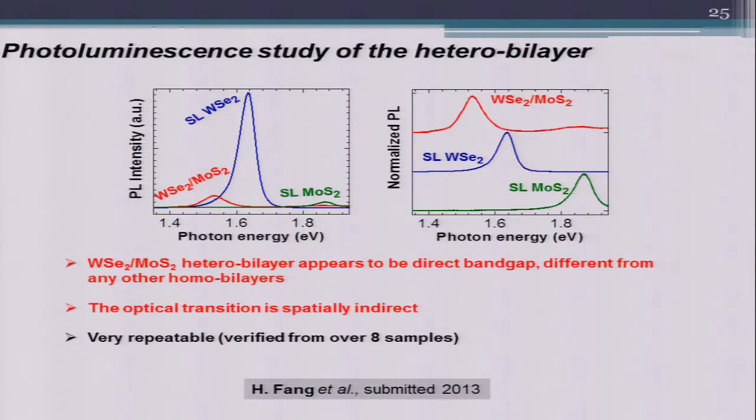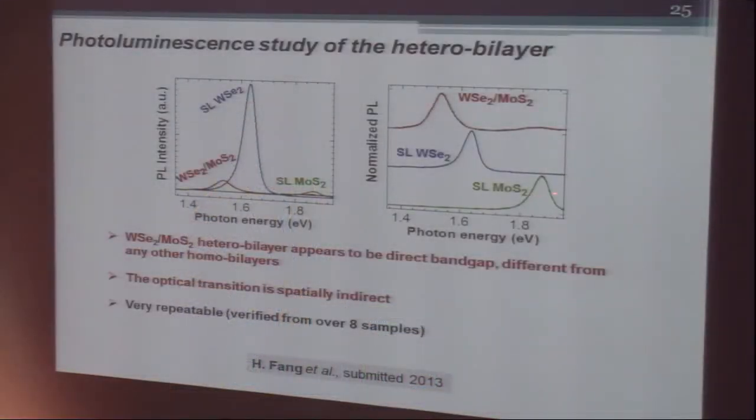The next study that we did was looking at photoluminescence characteristics of these heterojunctions with clean interfaces. Here I'm showing you the PL spectrum for a single layer moly sulfide, and you can see that the peak PL signal is about 1.9 electron volt or so. Single layer tungsten diselenide, and this is the bilayer. With the bilayer, you clearly see a change in the PL peak position.